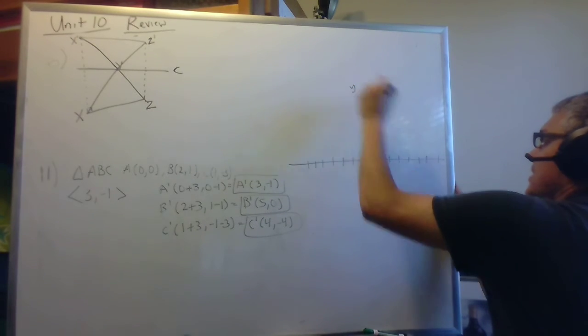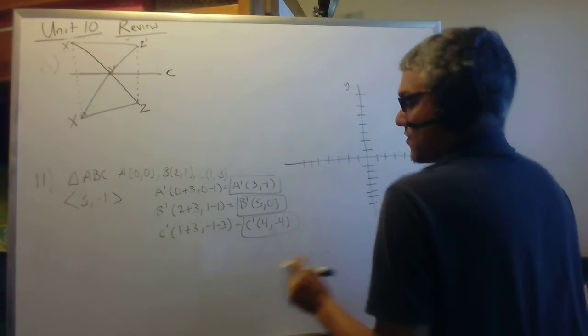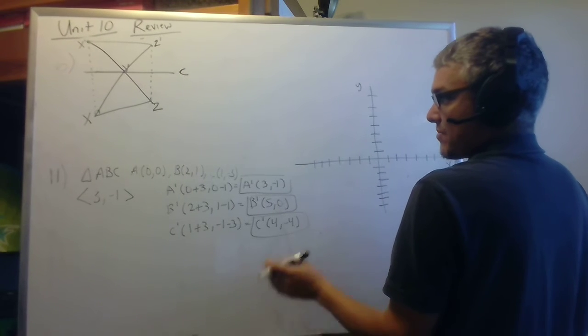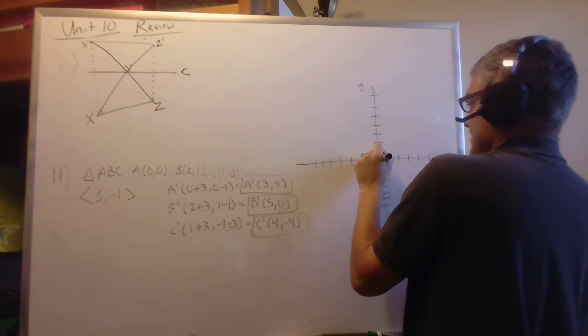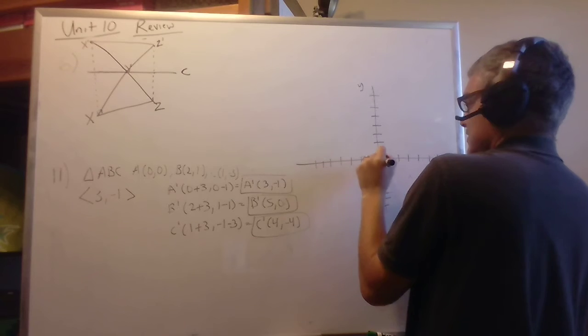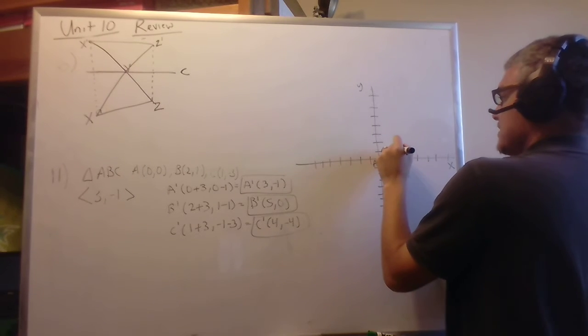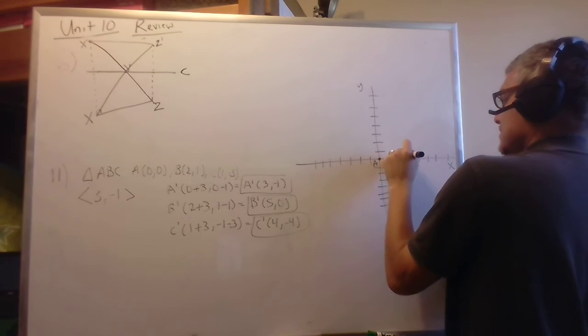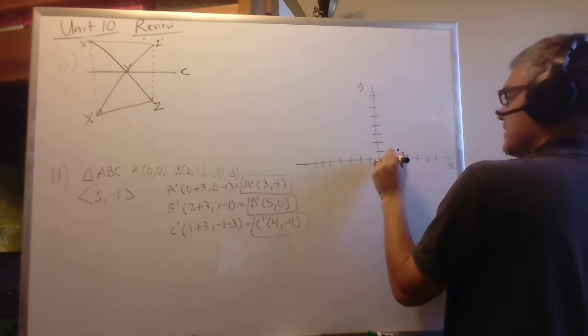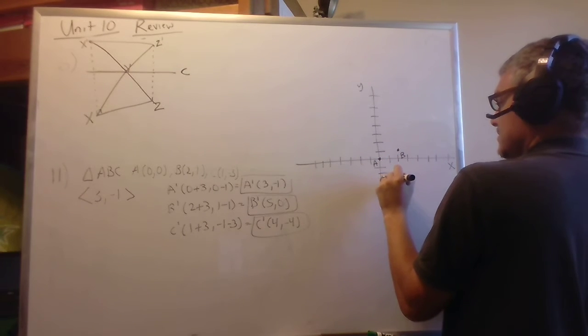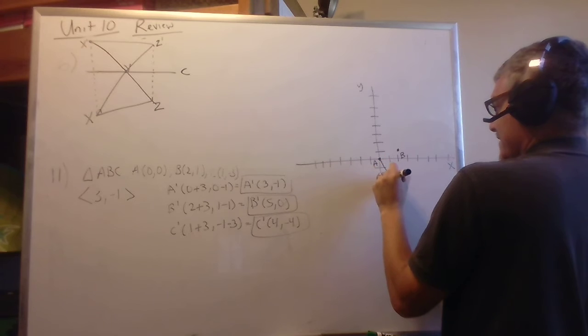So here's your x and y. So our original triangle, A, is at 0, 0. B was at 2, 1. And C is at 1, negative 3. All right, so it's right here.